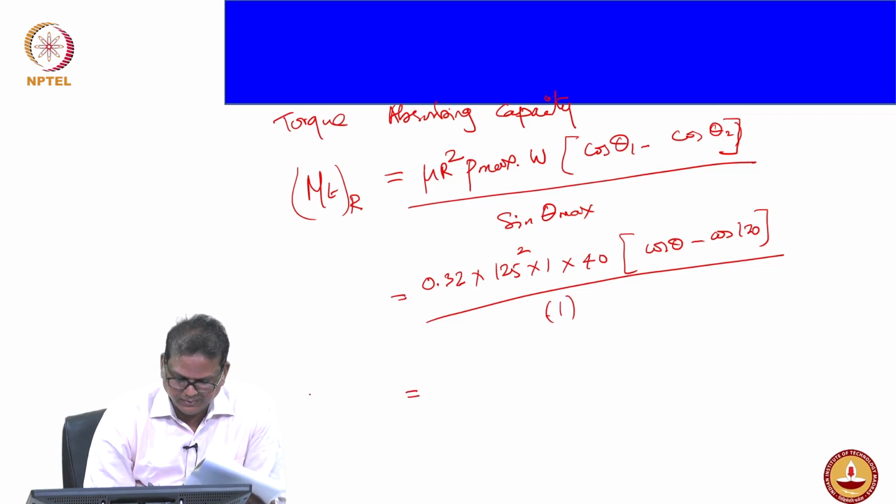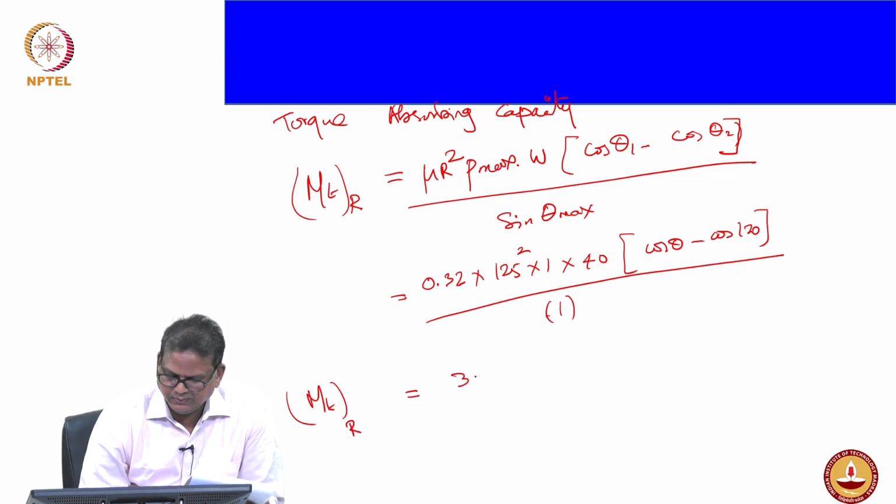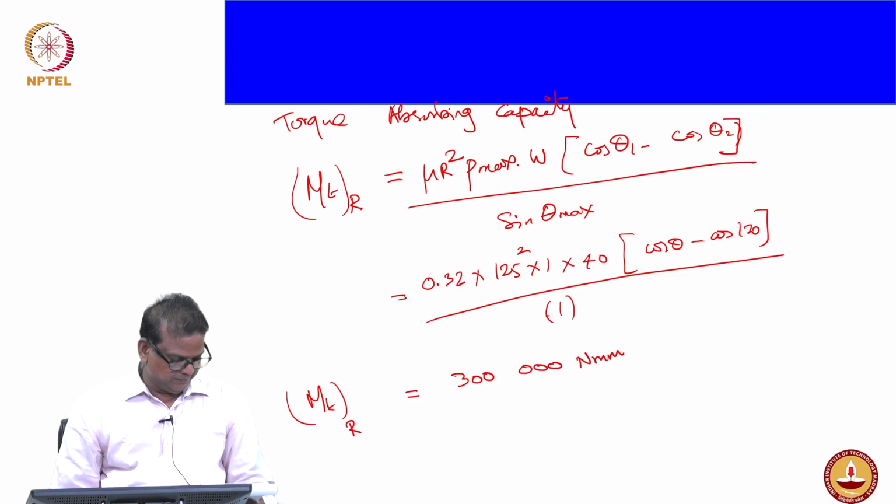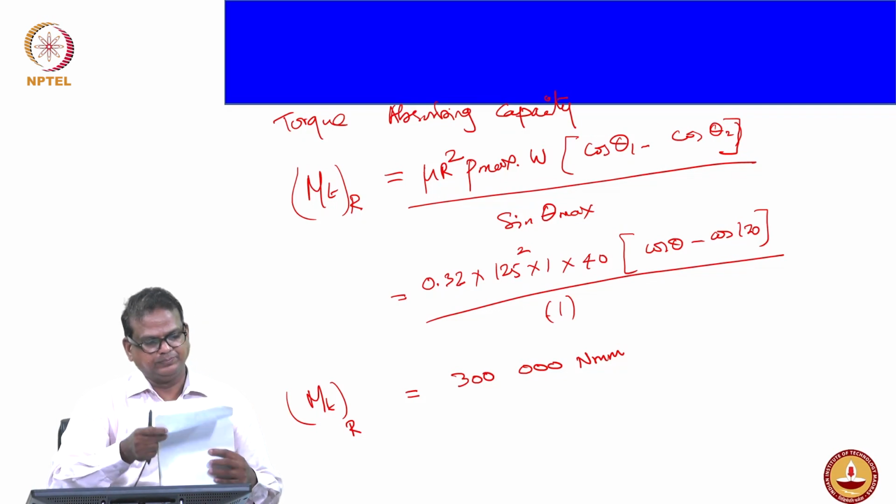Are you getting your MT torque absorbing capacity on the right hand side, 300,000 Newton meter? This is the value you should expect from MT. MT is nothing but the torque on the right side.